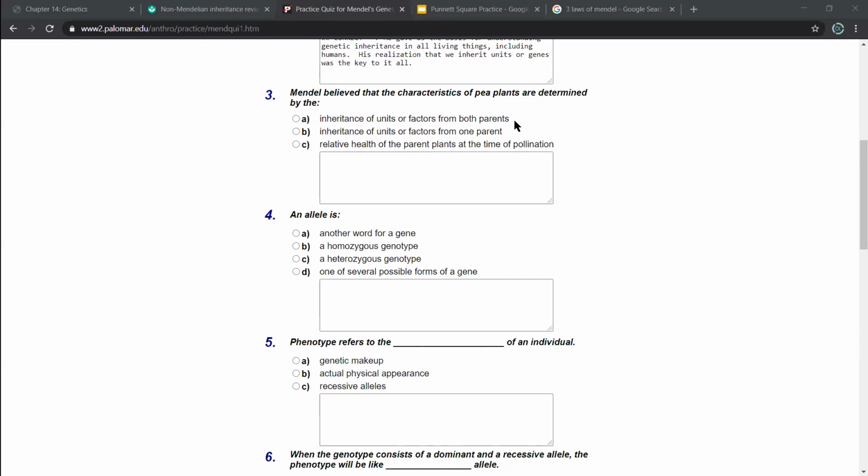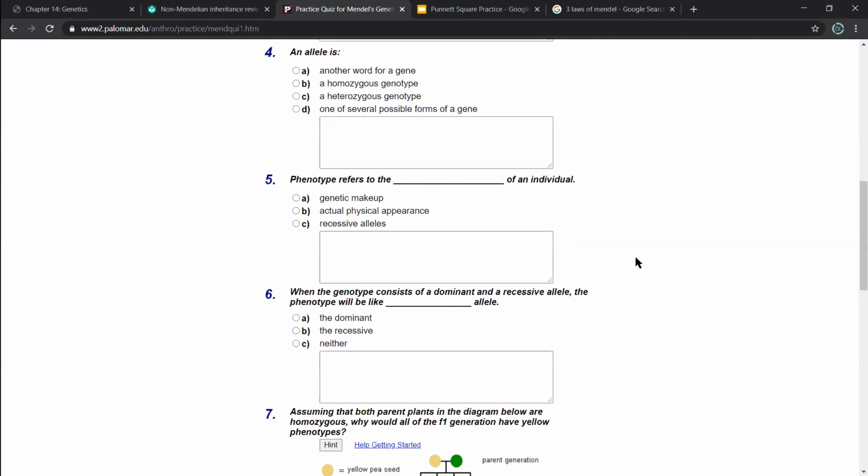That means inheritance of units or factors from both parents, so it's definitely going to be A. So an allele is A, B, C, or D.